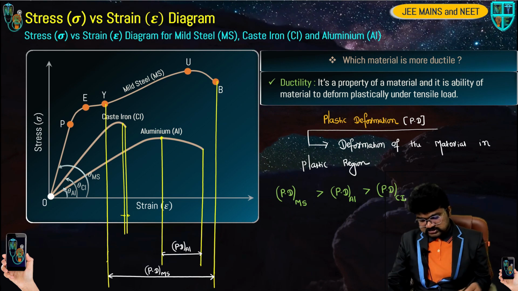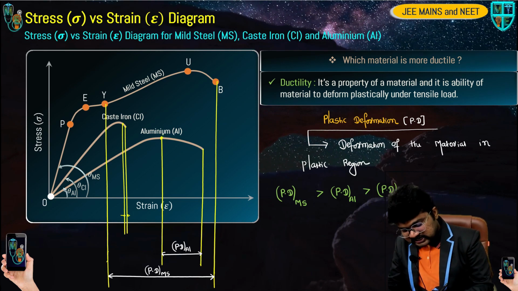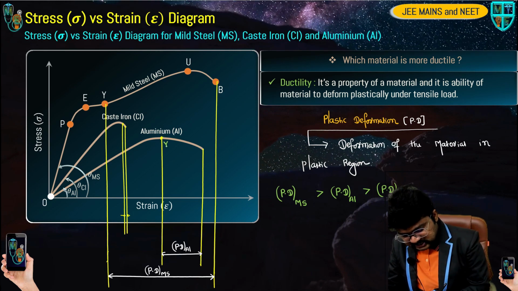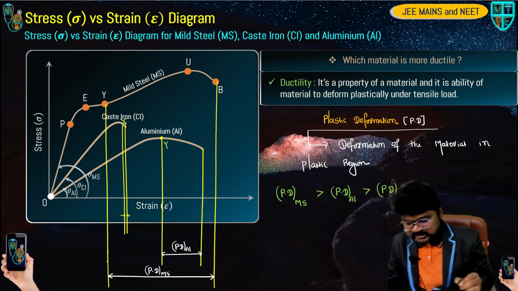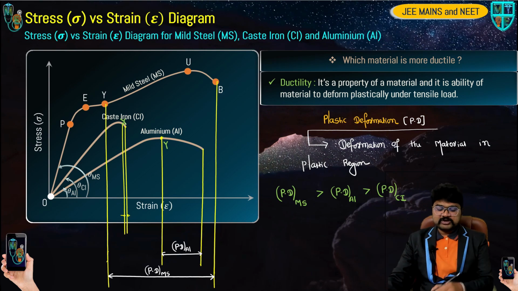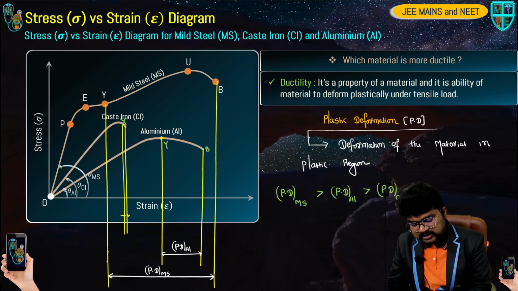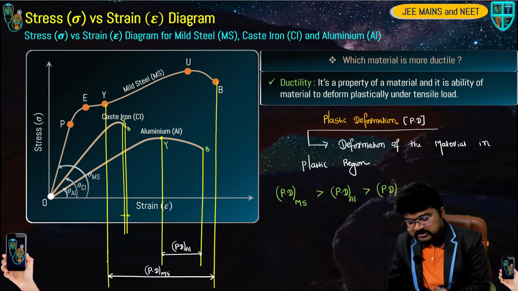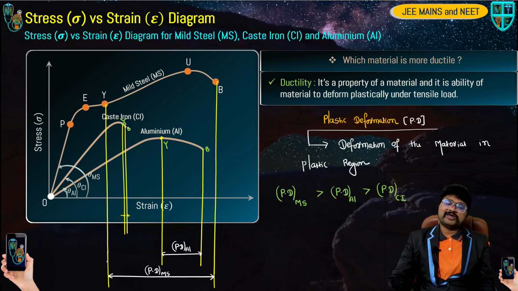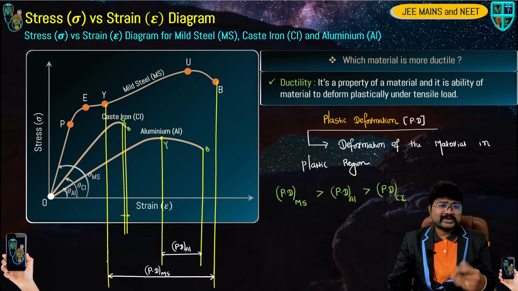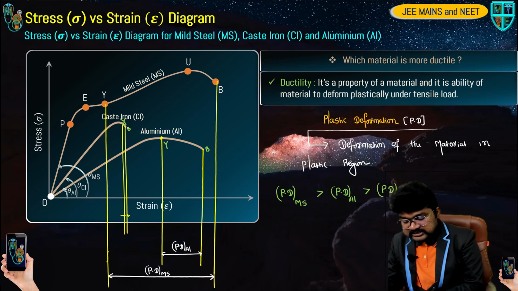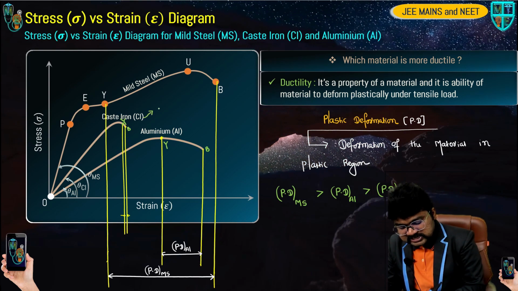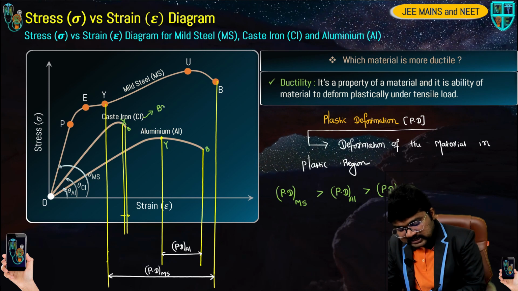This is the yield point, from yield point to the breaking point. Sudden failure will occur. There is no reasonable plastic deformation of cast iron. That is why cast iron is a brittle material.